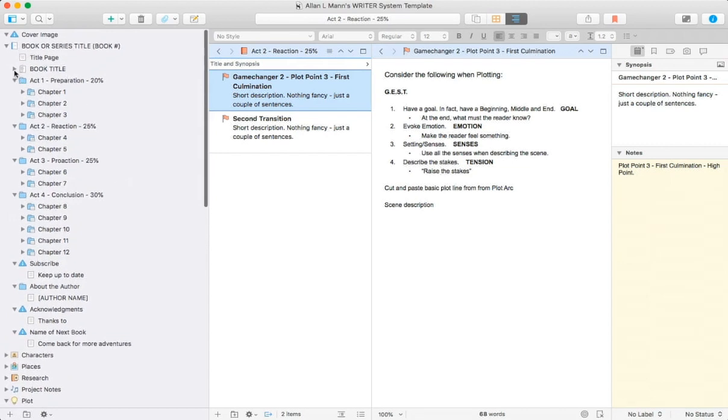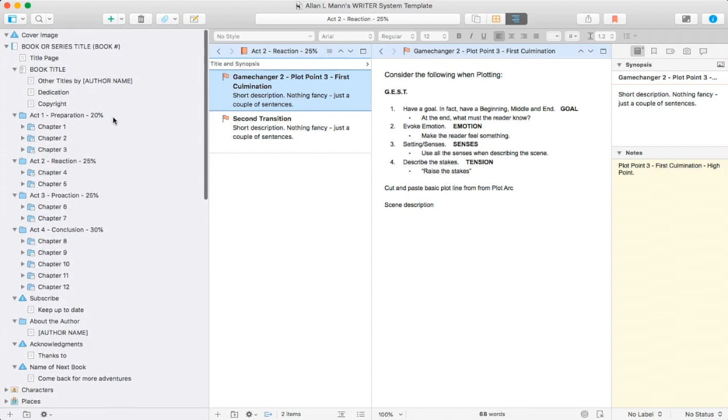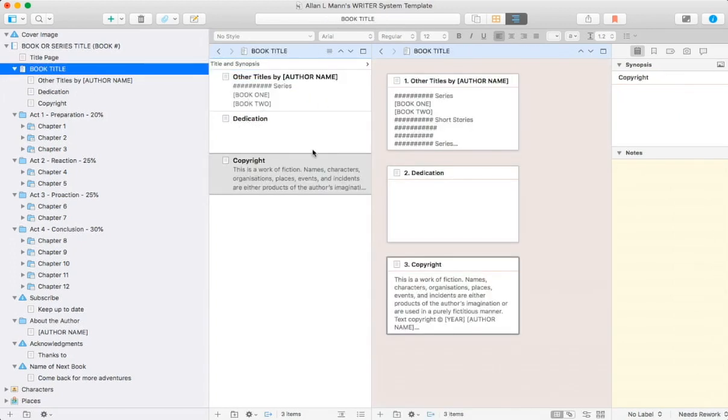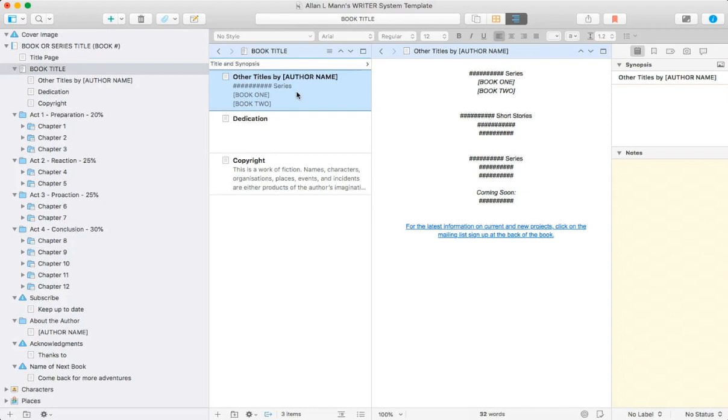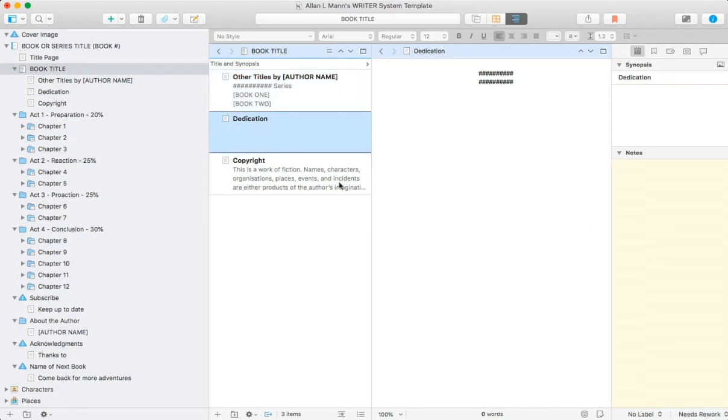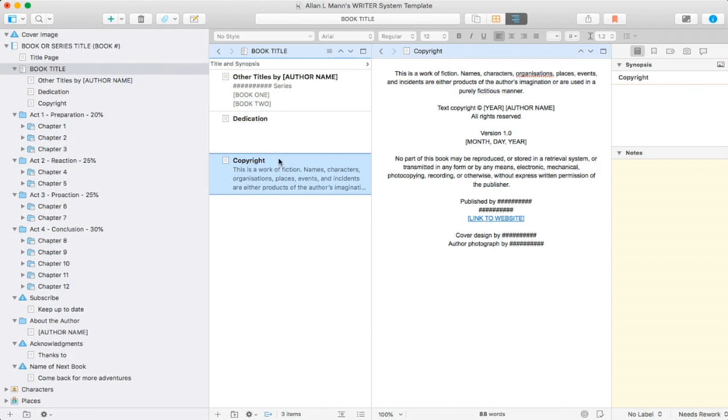So we have all of these little sections here: your title, the title page, all this front matter kind of stuff, all the information on the series or short stories, what's coming next, a link to your mailing list, which is at the back of the book, dedication, a copyright page. Again, just feel free to change this as you need to change it.